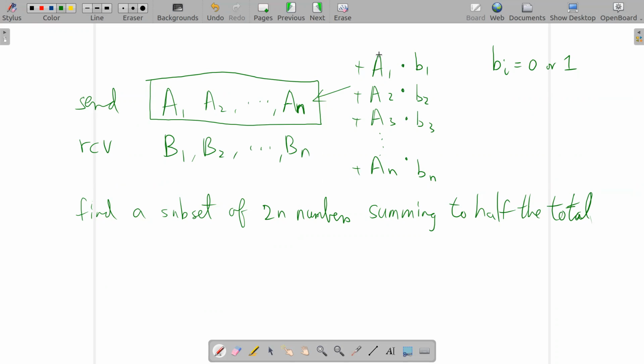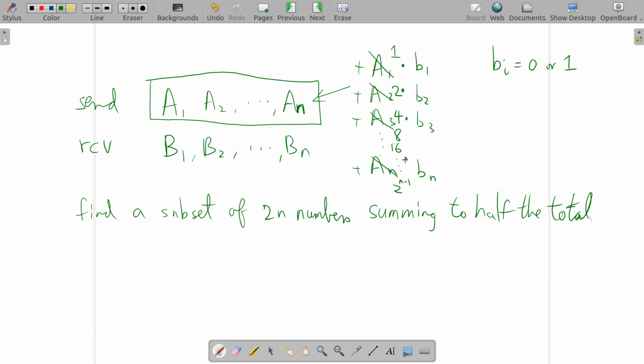If you were to call these 1, 2, 4, 8, 16, up to 2 to the n minus 1, then you're essentially looking at the binary representation of a number.